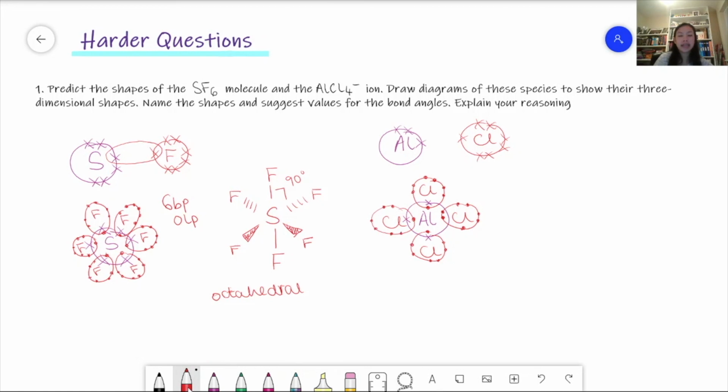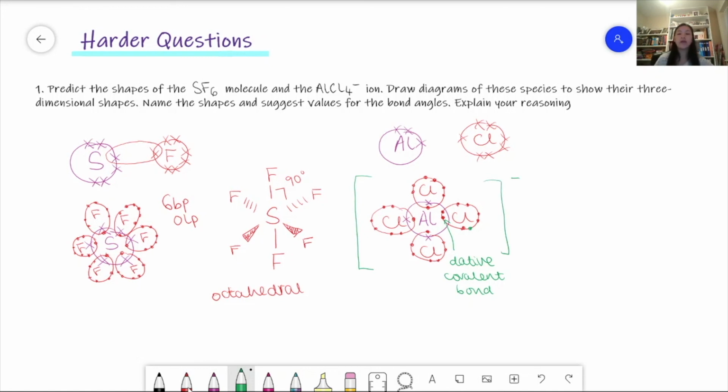But it's an AlCl4- ion, which means that there is an extra electron here. So this has formed a dative covalent bond where both of the electrons have come from the chlorine and none from the aluminium, and this whole thing is a minus ion.